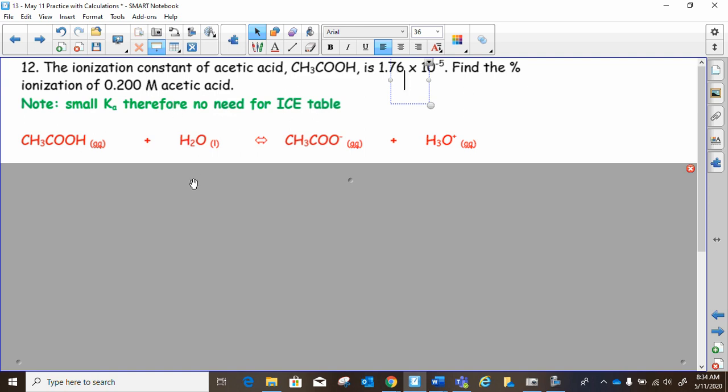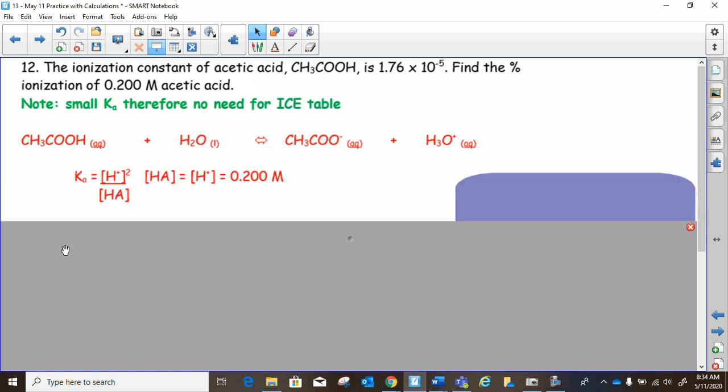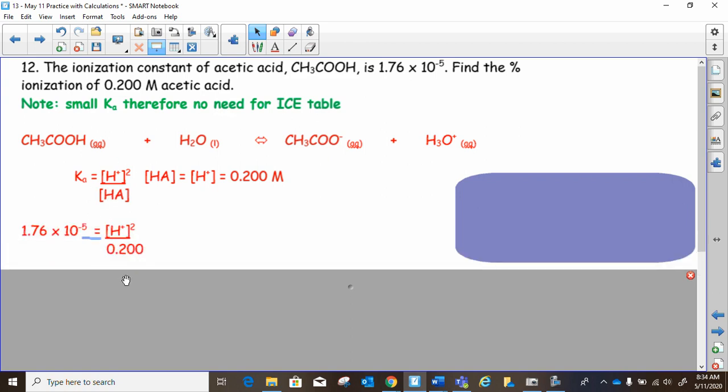So you would look at your green sheet and think, okay, what formula do I have that connects Ka and concentration of acid? And you would have found this formula. When you rearrange that, you can find your H plus.